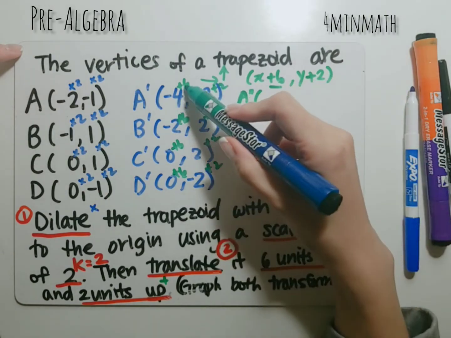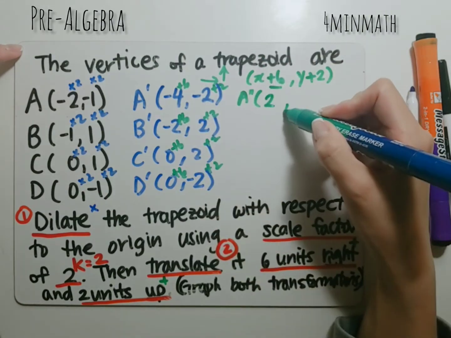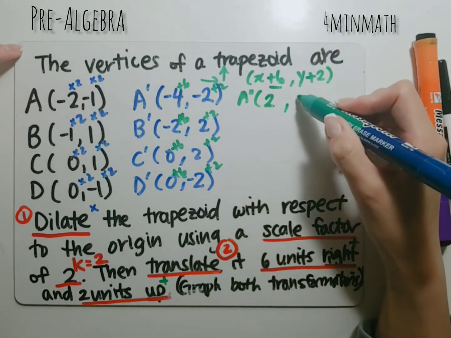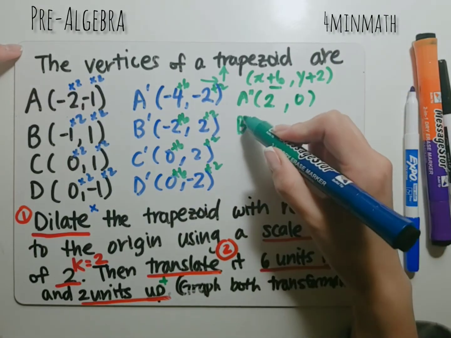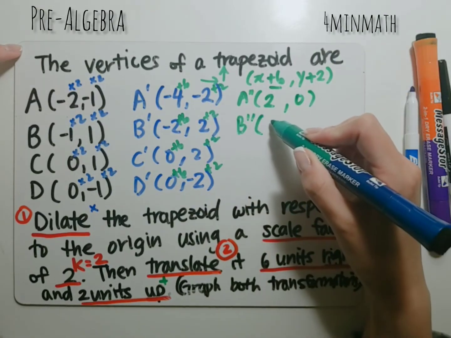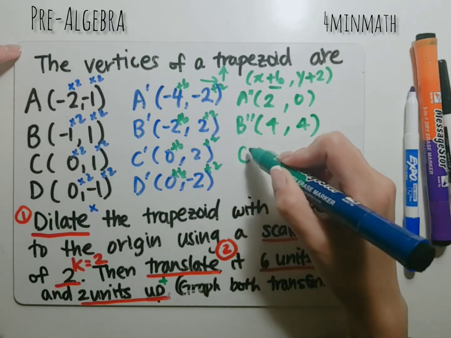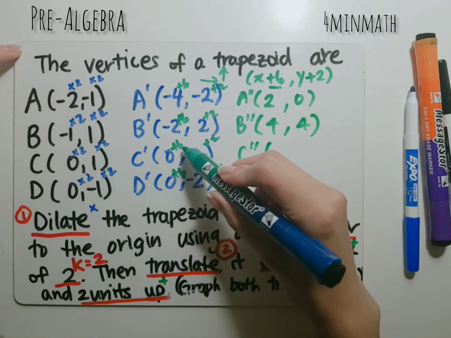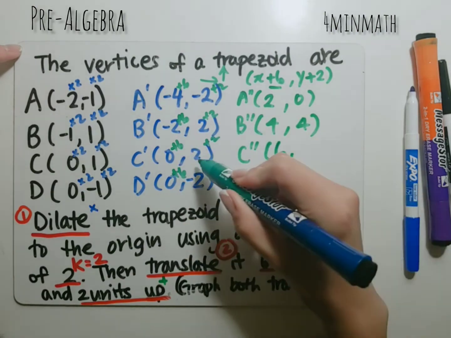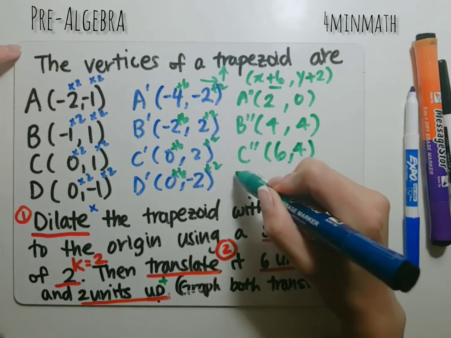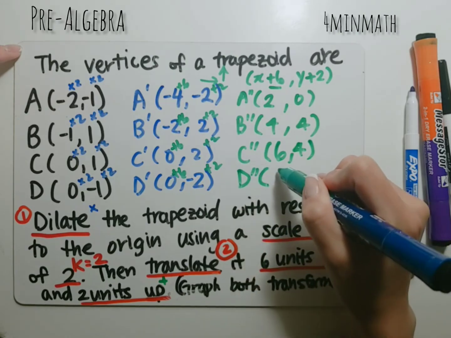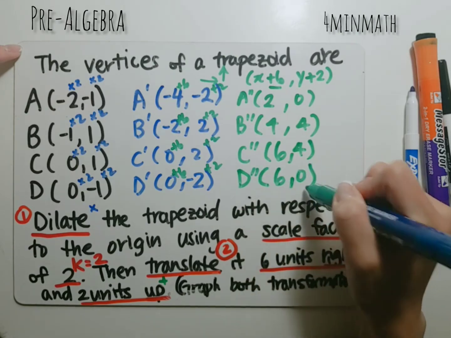So -4 plus 6 is positive 2. -2 plus 2 is 0. B double prime would be 4, comma, 4. And then C double prime would be 0 plus 6, which is 6. 2 plus 2 is 4. And then D double prime would be 6, 0.